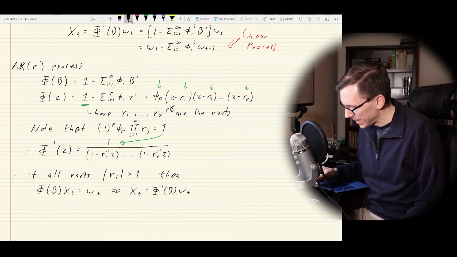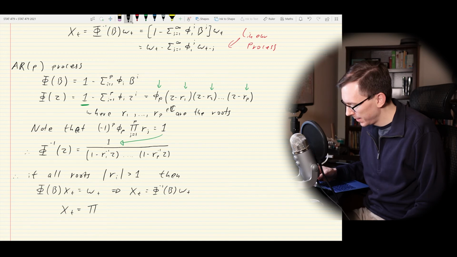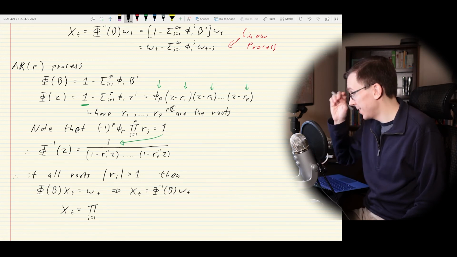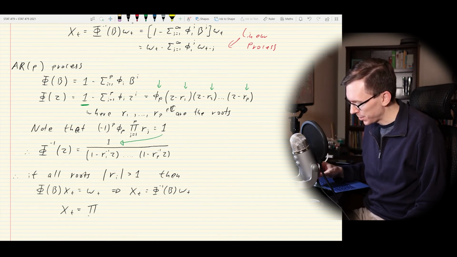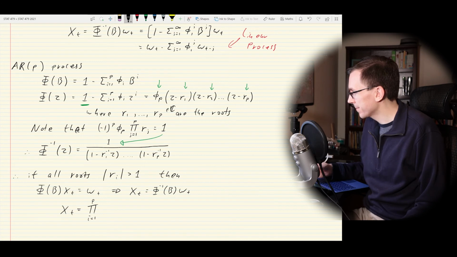I'll just write it down on the next line here. It's going to be the product over, we'll say, j from 1 to p, I was using i before. Yeah, we'll switch it and hope that I don't make a terrible mistake here. We have i from 1 to p. Oh, there's a typo in my notes.